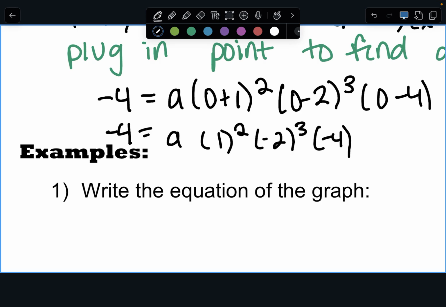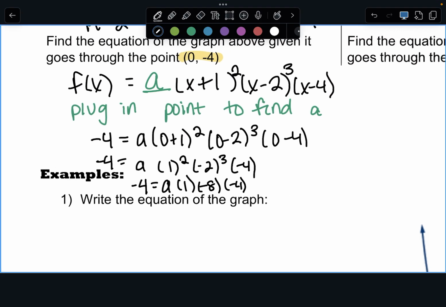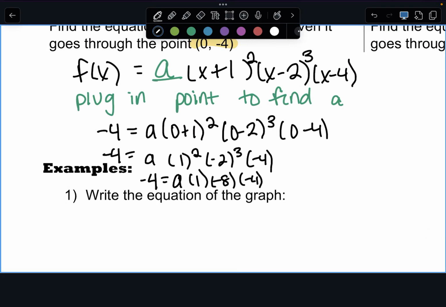So I'm going to do it by hand just for good practice. -4 on the left, 1 squared is 1, -2 cubed, what would that be? -8, and then -4. -8 times -4 is a positive 32. Times 1 is a positive 32. So we have 32A on the right.